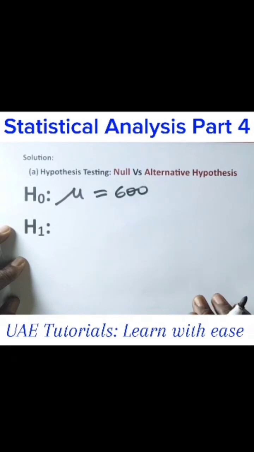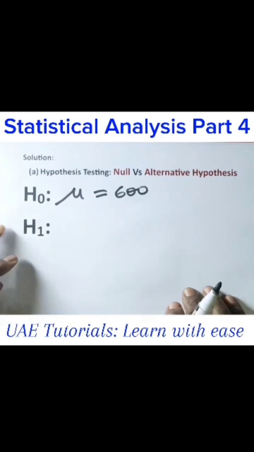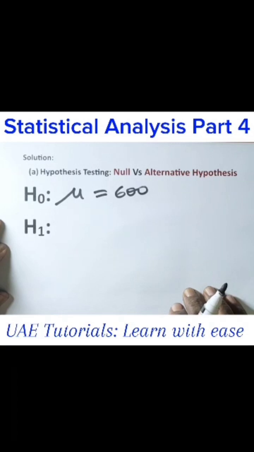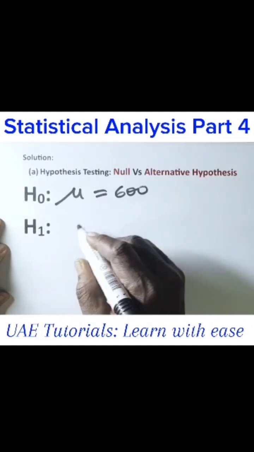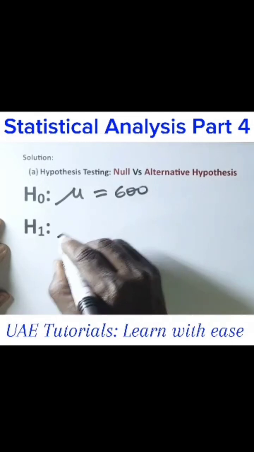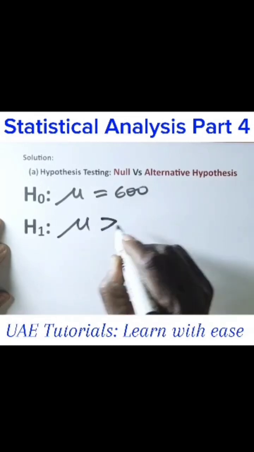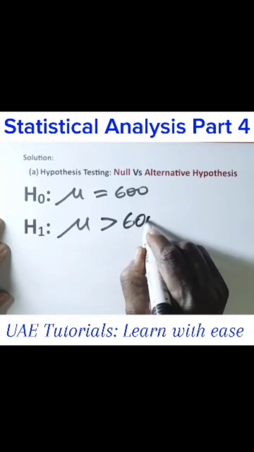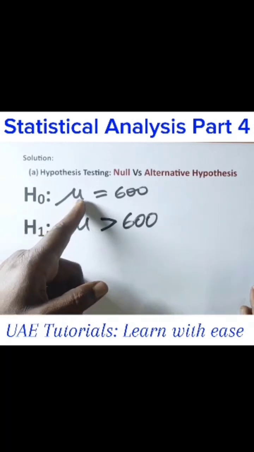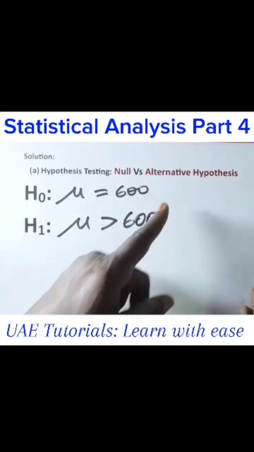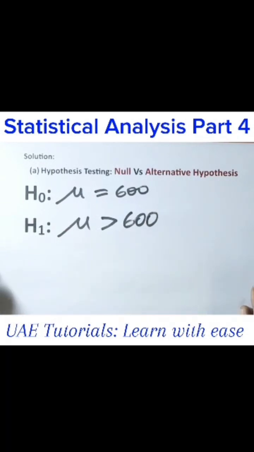So that is the null hypothesis. But this researcher says no, that he or she believes that PMS is selling above 600 naira per liter. So in the alternative hypothesis, the researcher is saying that mu is greater than 600. And that's it. We have finished stating the hypothesis. Either mu is equal to 600 on the null, or mu is greater than 600.